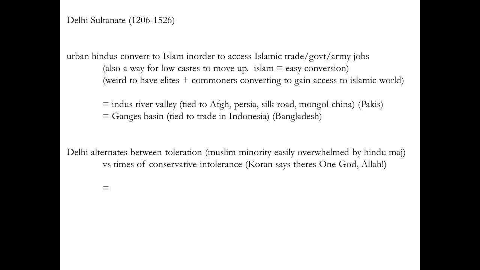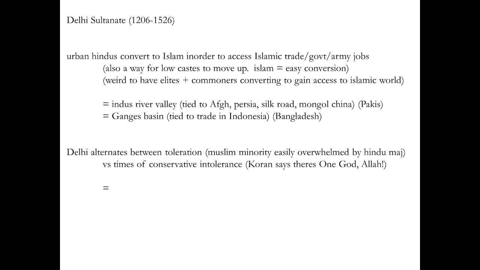But there's also, because Islam is a conservative religion of monotheism, you get times of conservative intolerance. The Quran says there's one God, Allah. Why should we tolerate these people who don't follow that? What are we doing? And you have the mullahs, you have the religious people always telling you to convert. Islam is a religion of conversion, like Christianity is. And so there's always this, but if you try to force convert people, it pisses people off.